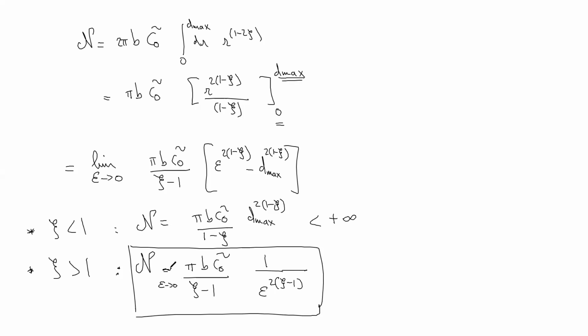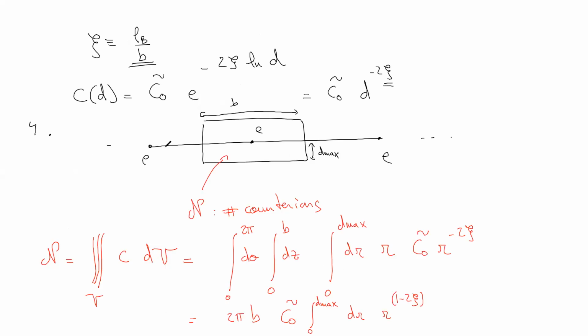And so this is going to infinity. So it means the number of counter ions approaching the cylinder within this box, no matter the size d max of the box, by the way, is going to infinity. So of course, this is not physical, but it means that there is a phase transition or a condensation. All the ions are coming suddenly and will basically accumulate on the line.